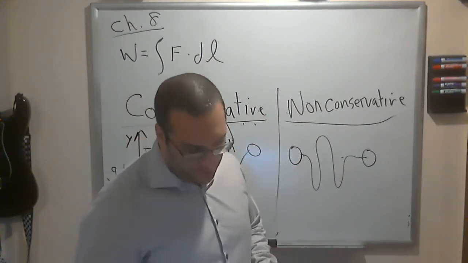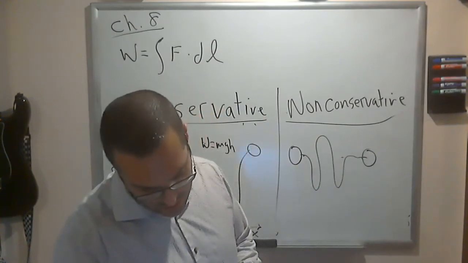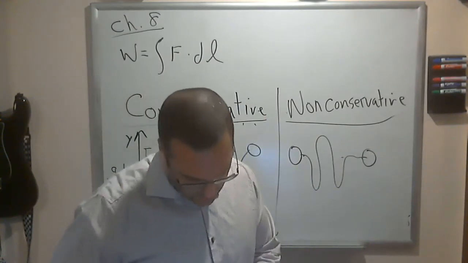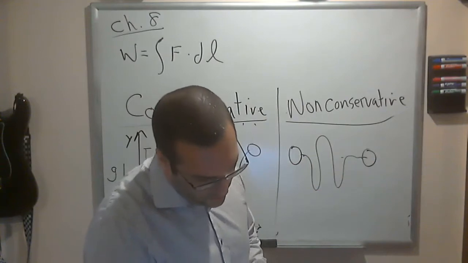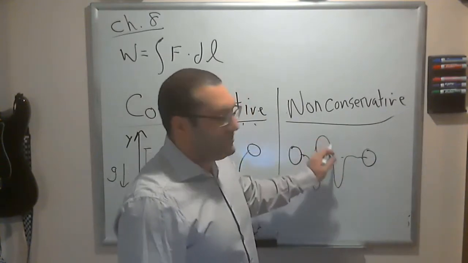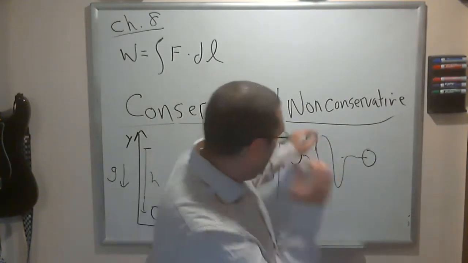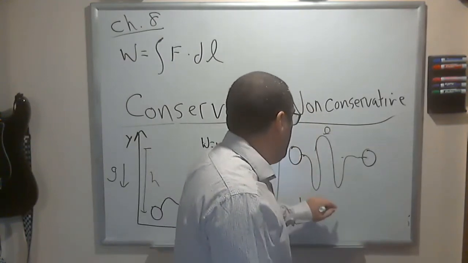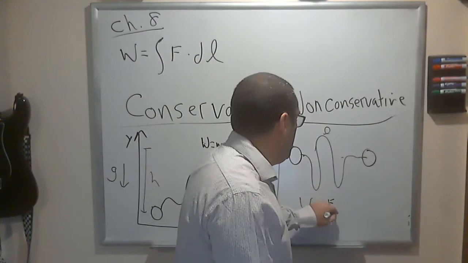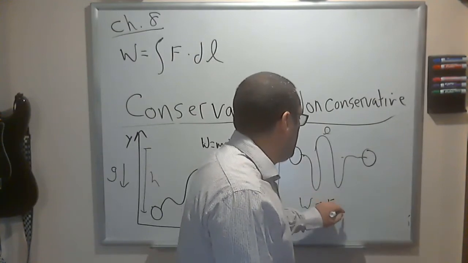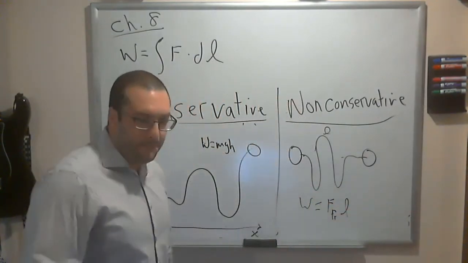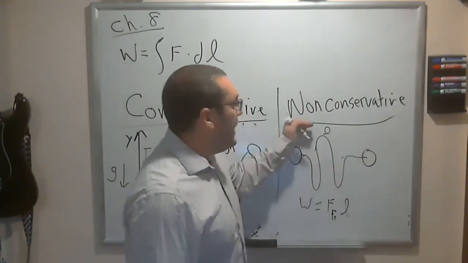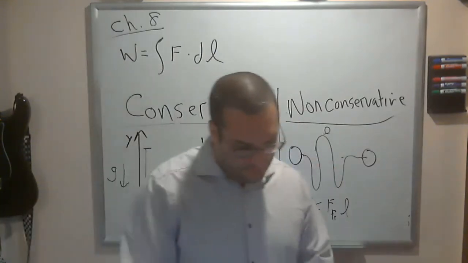We would have to calculate the distance that it travels. If it travels a distance L again, it would just be the force of friction times L. So this is a non-conservative force.